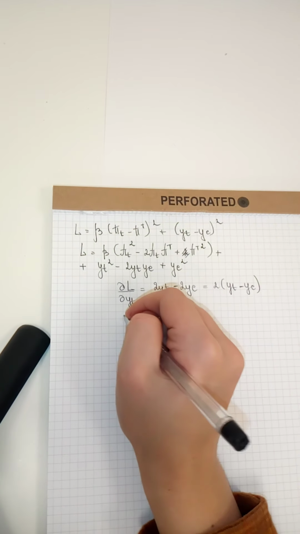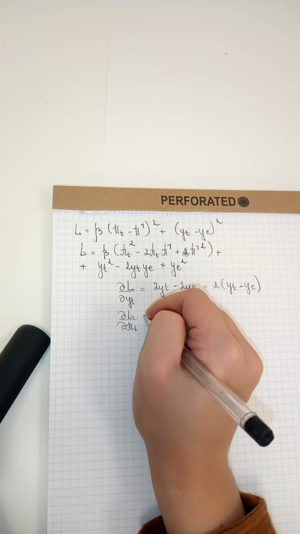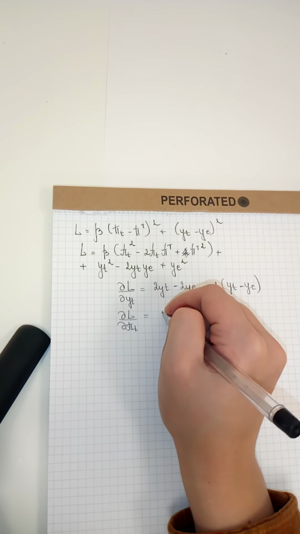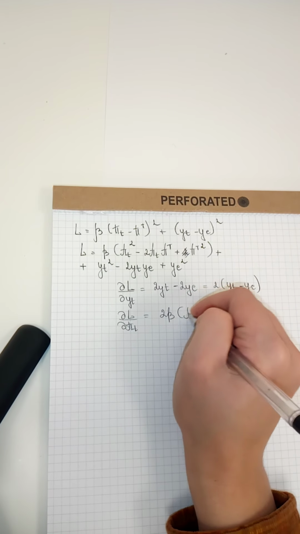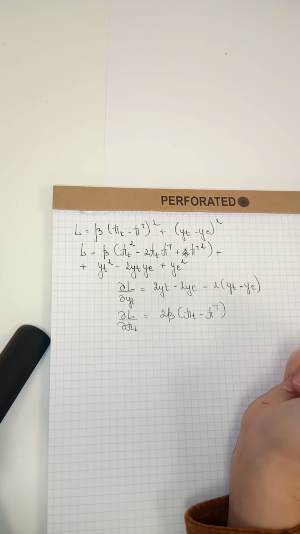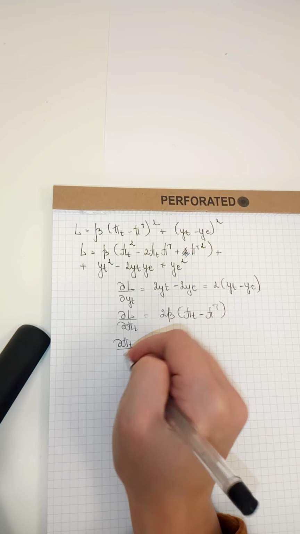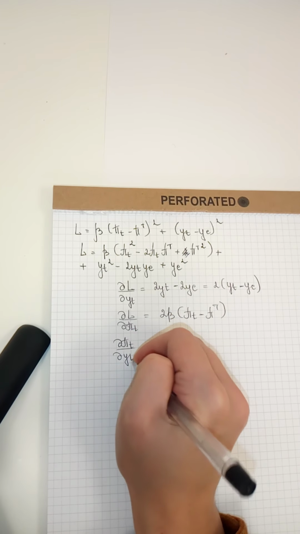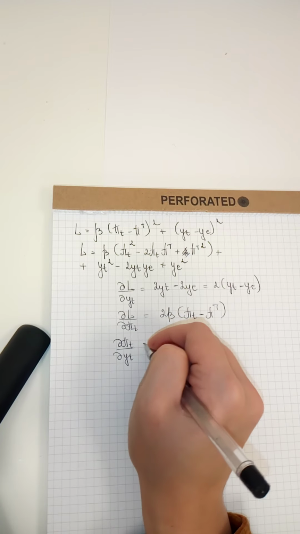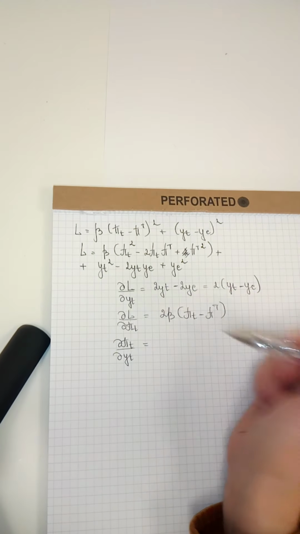The derivative of L with respect to inflation pi t will be equal to 2 beta times pi t minus pi tau. So now the derivative of pi t with respect to yt: you have to divide this part by this part.